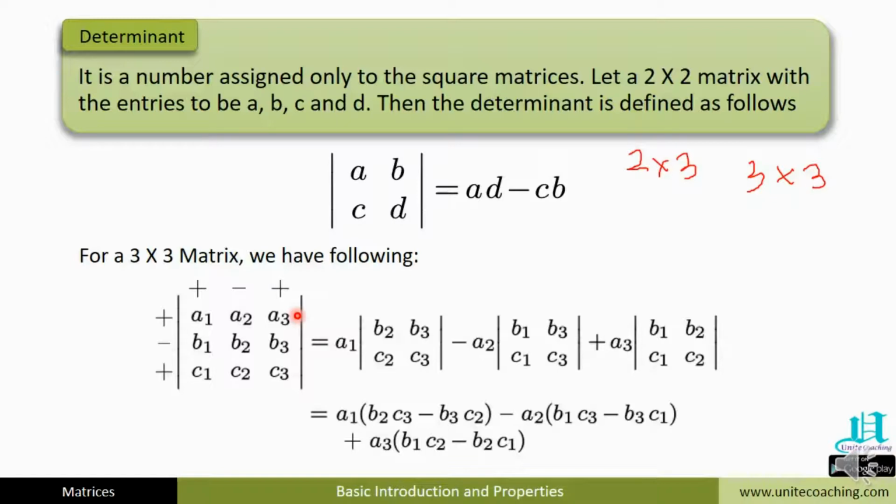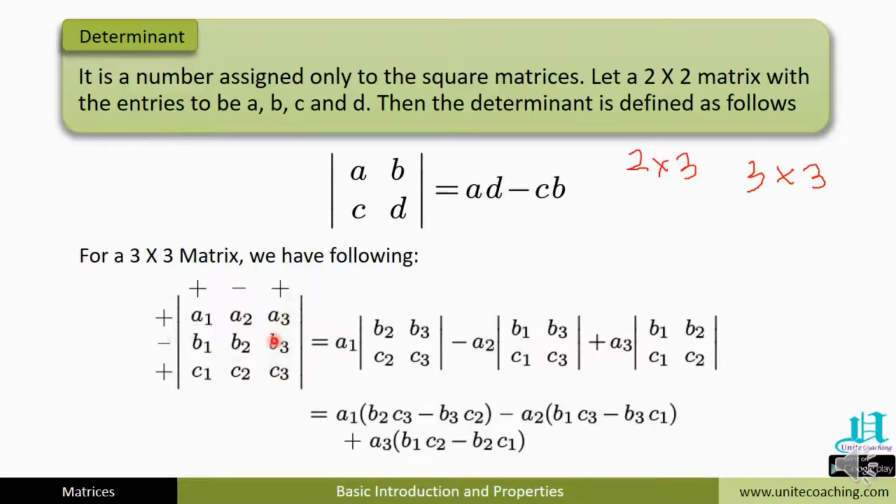Whatever I am going to teach you now, listen carefully. The determinant can be calculated with the help of any row or any column, but in this case we are finding it with the help of the first row.